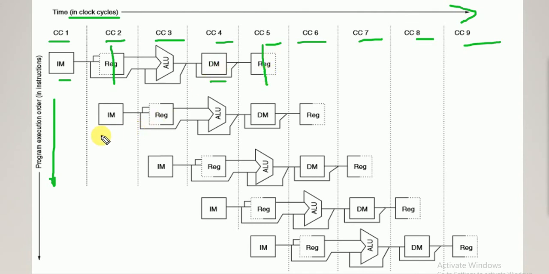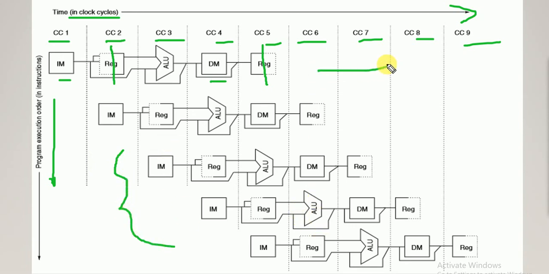In the second clock cycle, the second instruction arrives, instruction memory, and here again the register. For the instruction decode stage register, the first portion will always be a dotted line because it is not doing any write, only read. In clock cycle 6, register writing will happen again, that is the result writing, and the same thing goes on in different stages.